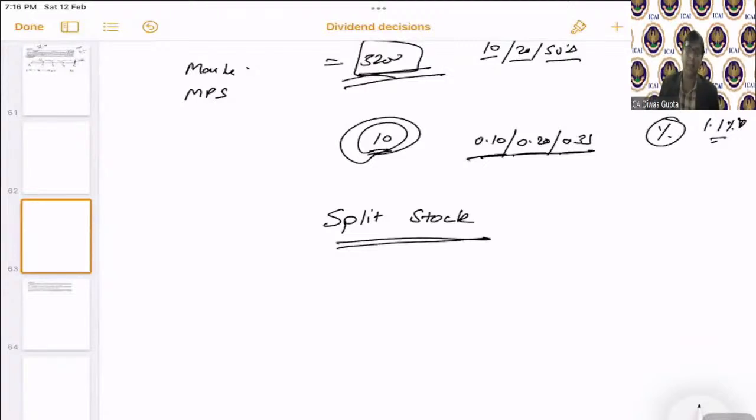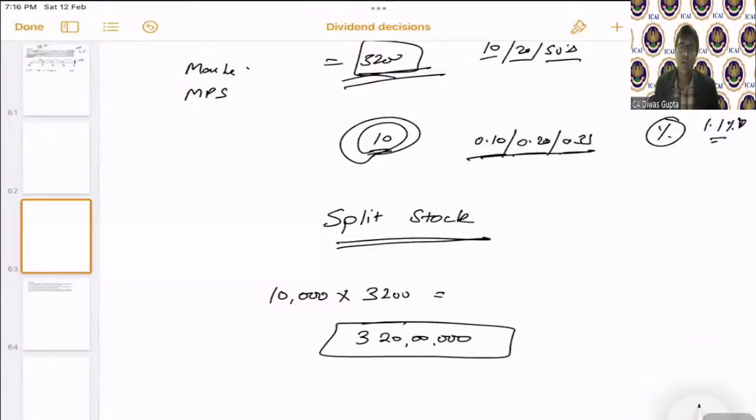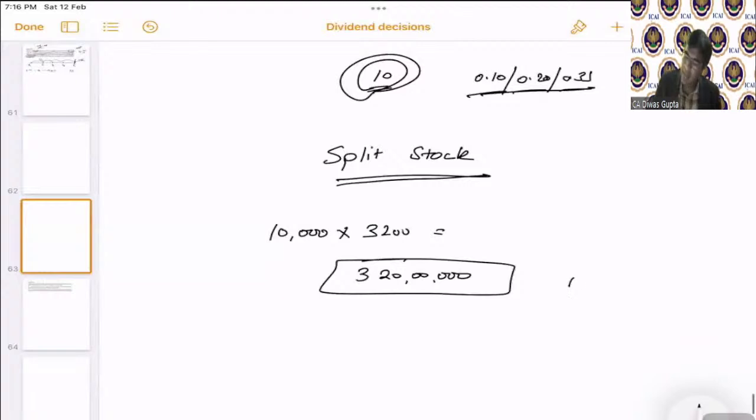Now, what is splitting? Splitting is, let's say you have 10,000 shares at the rate of 3200. How much does it become? 10,000 multiplied by 3200 is around 3 crore 20 lakhs. This is the market cap.